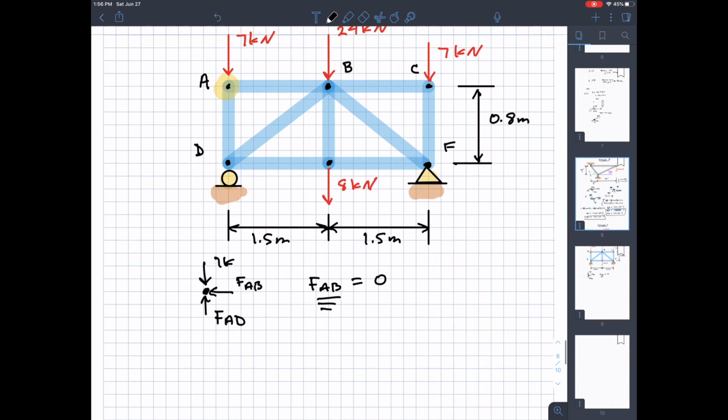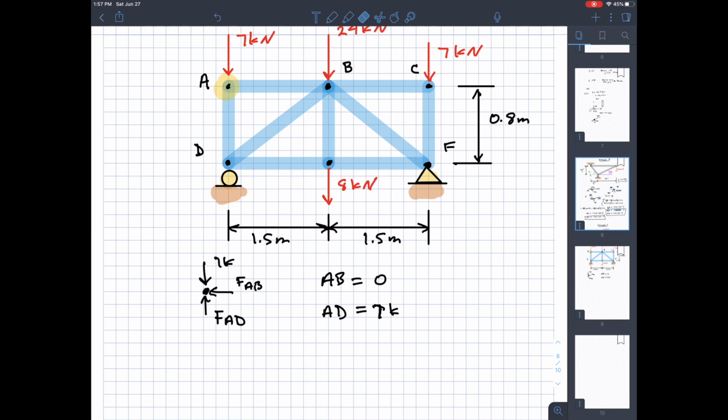All right, then we look, okay, if I know that, I can find FAD, right? I'm going to drop the F, okay, because it gets cumbersome to write that. So the member force AB is 0. The member force AD is going to be 7K, right, because it has to oppose the load.